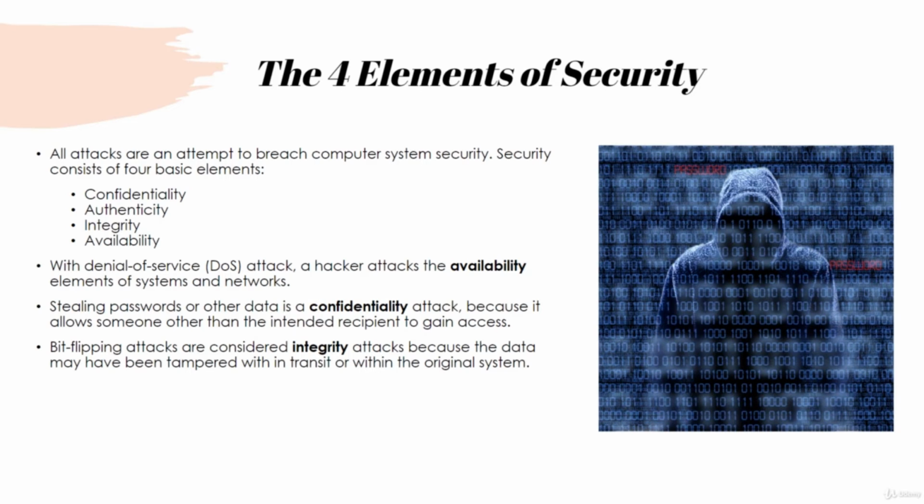The next one here, we have bit flipping, for example. These types of attacks are considered integrity attacks because the data may have been tampered with in transit or within the original system. So let's say somebody's using some sort of digital signature software and they send an important document to another recipient.